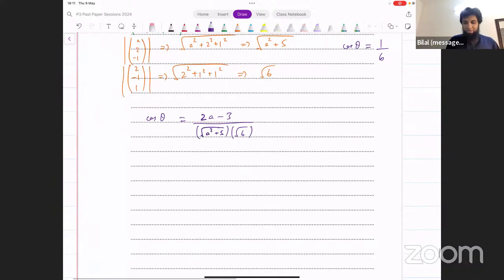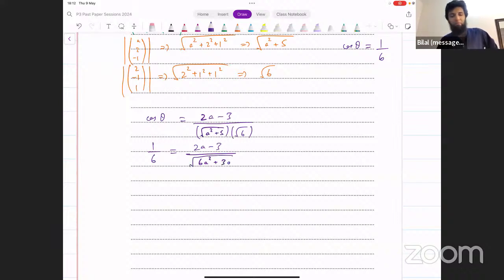And now we know cos theta is 1 over 6. So we get 1 over 6 equal to this thing. I can write it like this if I want: 2A minus 3, and this is square root of something, same powers. We can multiply the bases, and that is going to give me the square root of 6A squared plus 30.